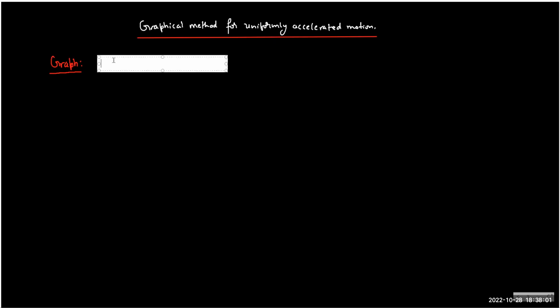So graph here, we are talking about the 2D graph, not a graph in a plane, and we are trying to understand the meaning of it.